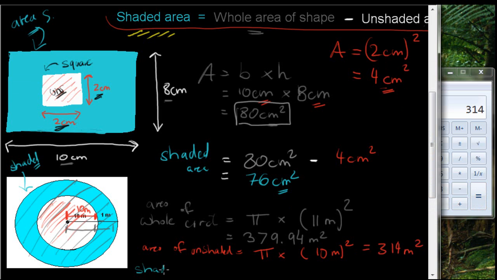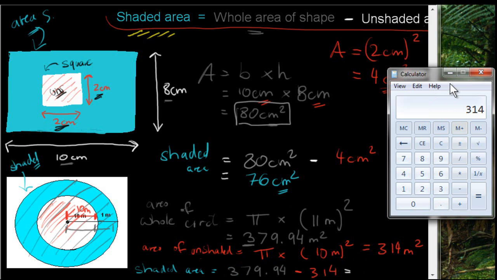Now to get the final part, which was the shaded area, which is what we want to do, all we have to do now is start with the whole. Remember the whole was this here, the whole circle, 379.94. Now we're going to take away the area which was unshaded. Remember that was the one in red, so we take away 314, and what we have left is the area in blue, which is the shaded.